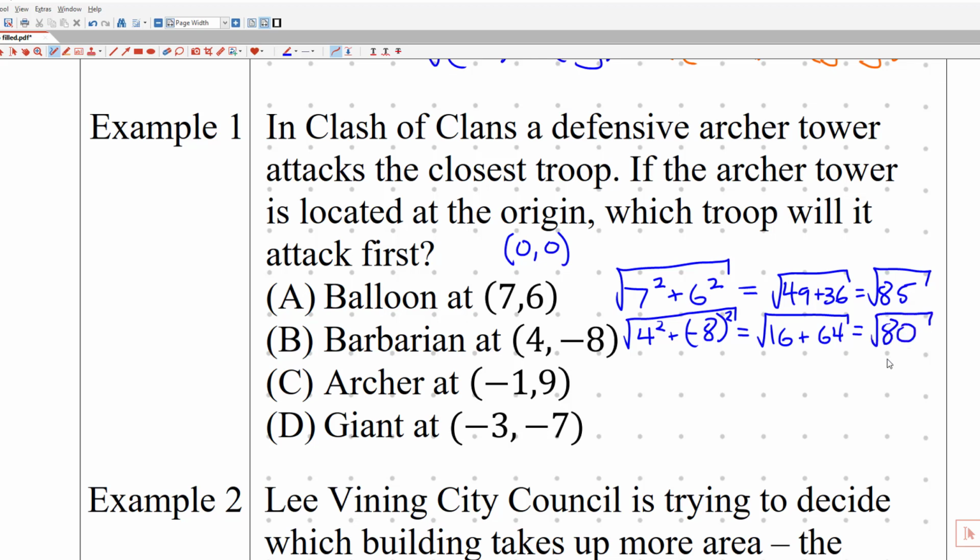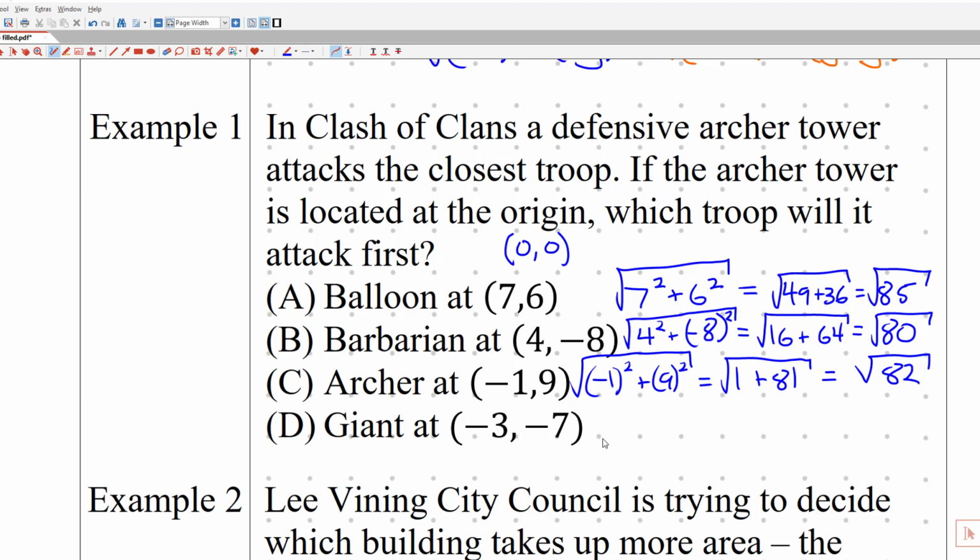Okay, so far the barbarian is probably going to be shot before the balloon because it's closer, it's a smaller number. Let's check the archer. So we have negative 1 quantity squared plus 9 quantity squared, and then the square root of that entire quantity. And that's just 1 plus 81, and that's the square root of 82. Okay, so still the barbarian is the closest.